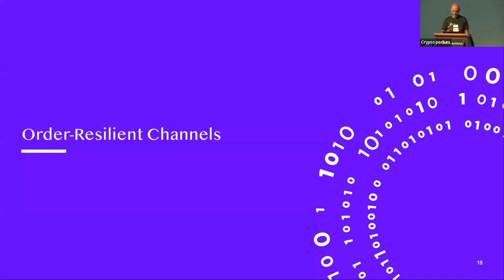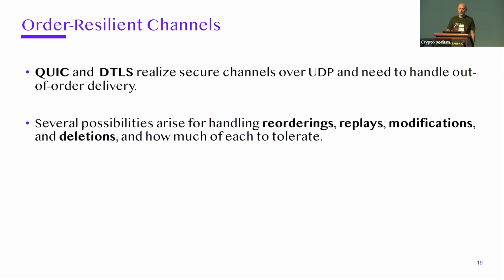Okay, so let's see now how this has applications to order resilient channels. By order resilient channels, we mean protocols like QUIC and DTLS that try to realize secure channels over unreliable transports like UDP. And in particular, because of that, they need to be able to handle ciphertexts that are delivered out of order.